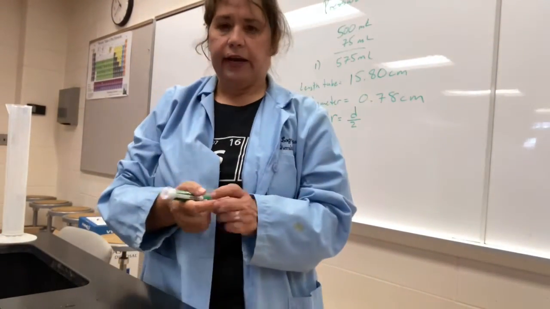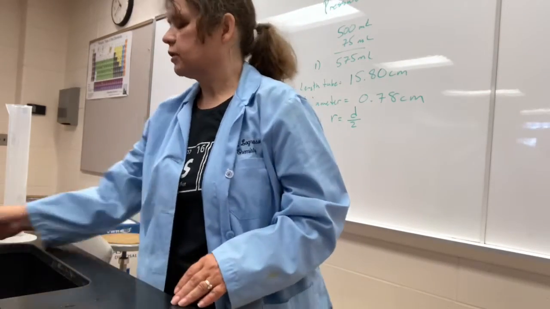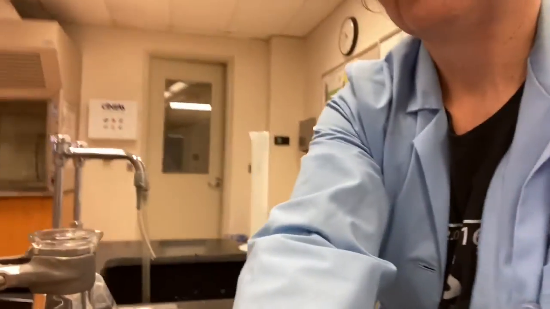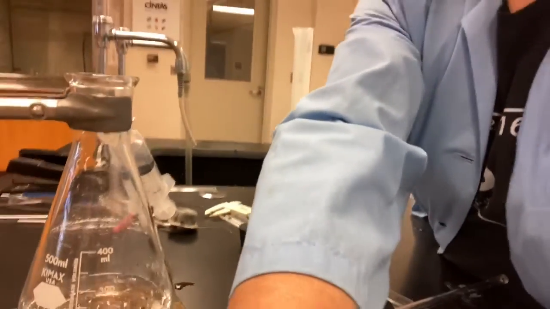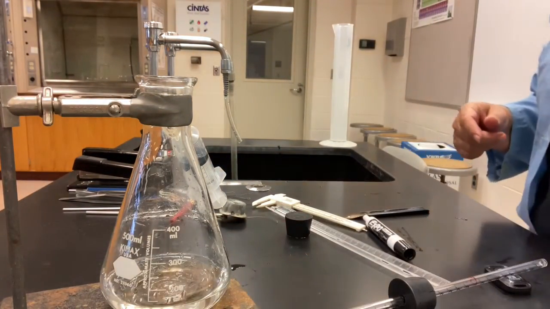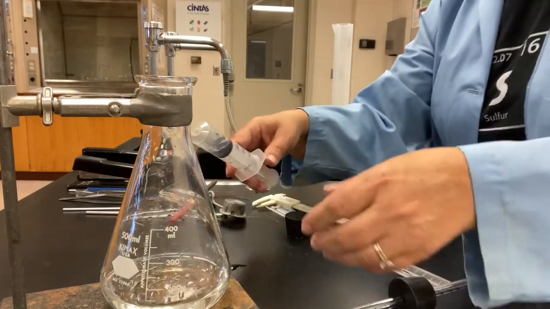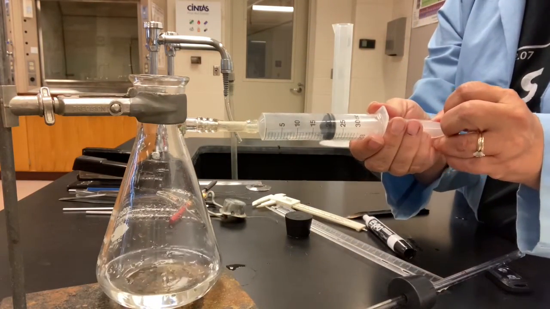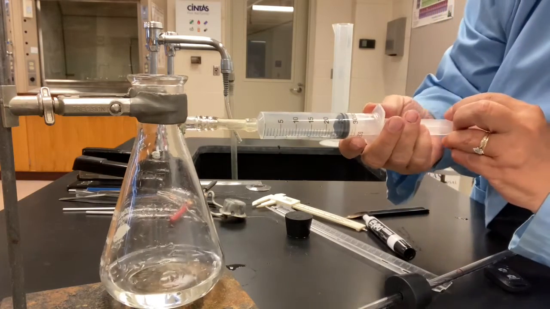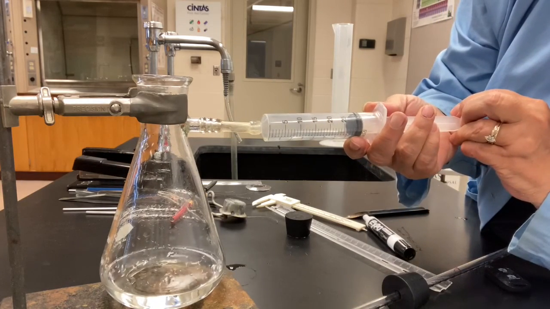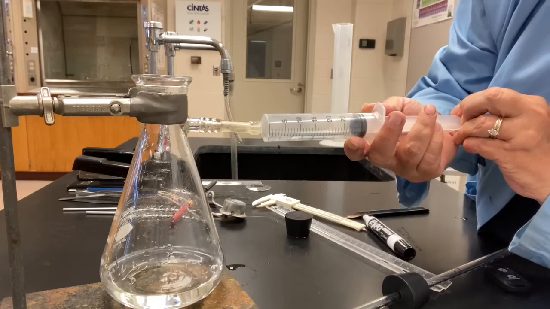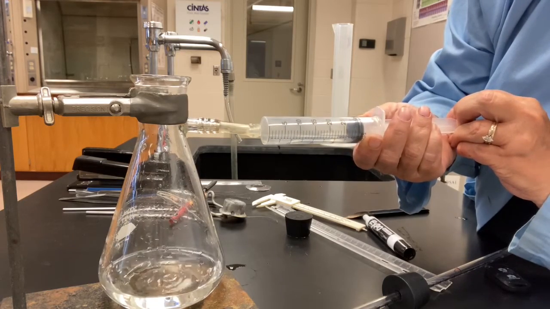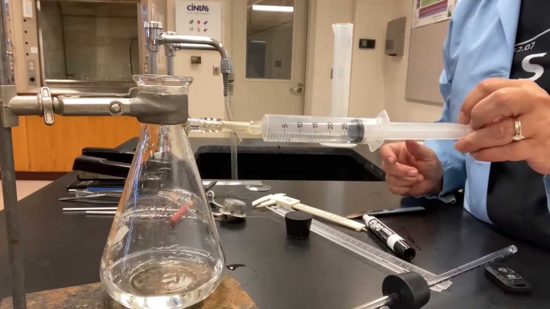Okay, with all of that, now we're ready to take our experimental data. So I have the filter flask here with its 50 milliliters of water ready to go. So I arranged the syringe so that it is reading at 30 centimeters, and we're open to the atmosphere. So right now, the pressure on the liquid is the same as atmospheric pressure.